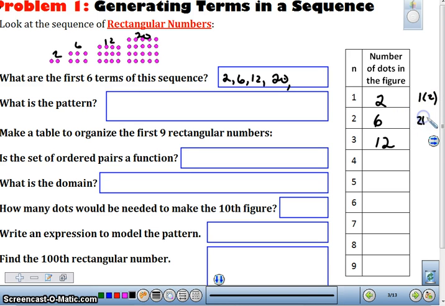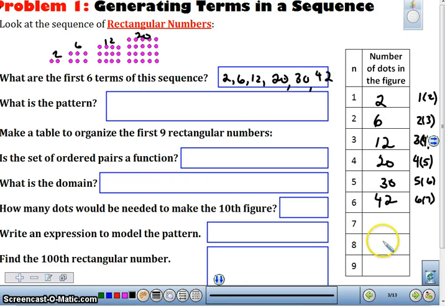Next we went 2 times 3, that gave us 6. Here we have 3 times 4, that gives us 12. Here we have 4 times 5, that gives us 20. So we're starting to see a pattern, and I bet the next one is 5 times 6, which is 30. Then 6 times 7 gives us 42. And so we've listed the first 6 numbers in our sequence.